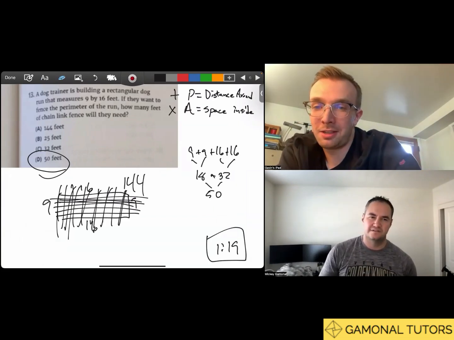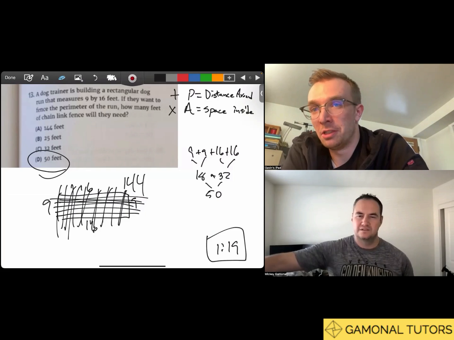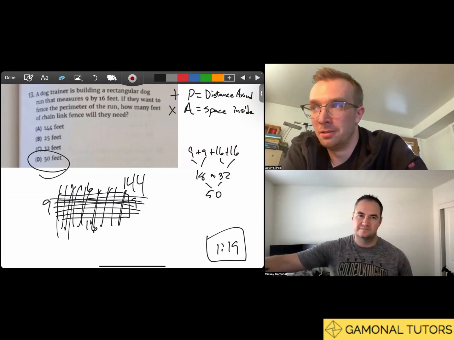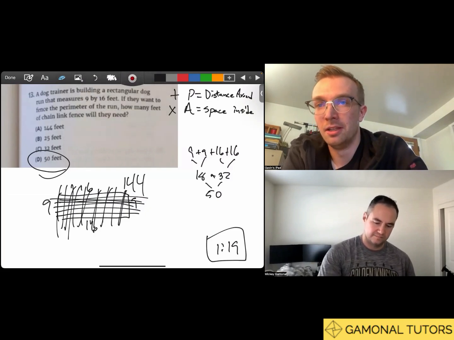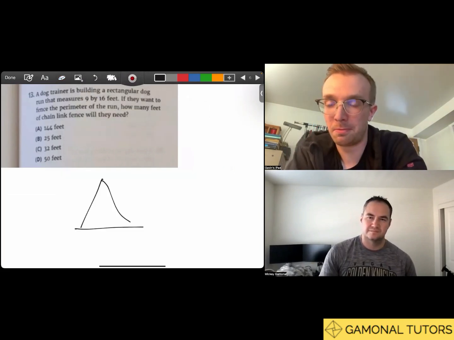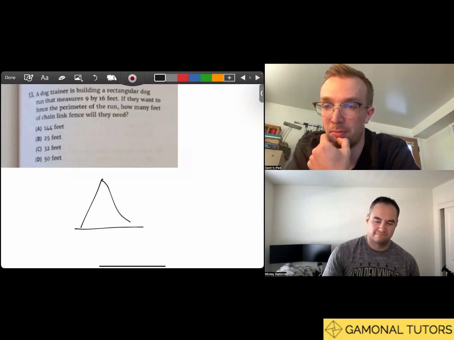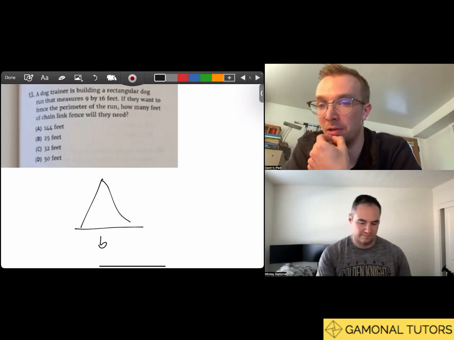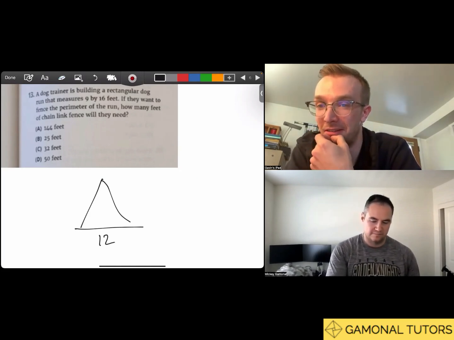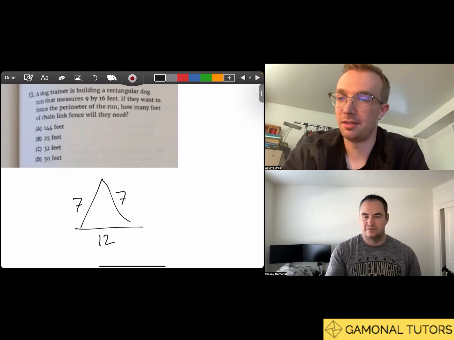No, I guess if I were to have a question, it would be if it wasn't a rectangle, if it was a triangle per se, how would we find the perimeter of that? Would the base say 12 and the sides were 7? Like that? Yeah. Cool. So that's easy.